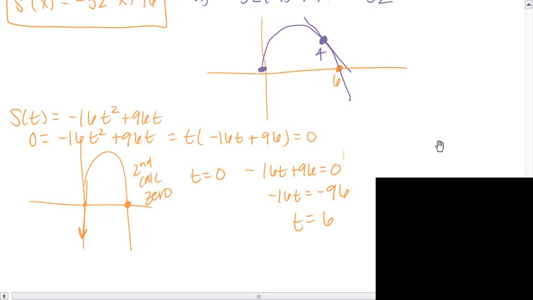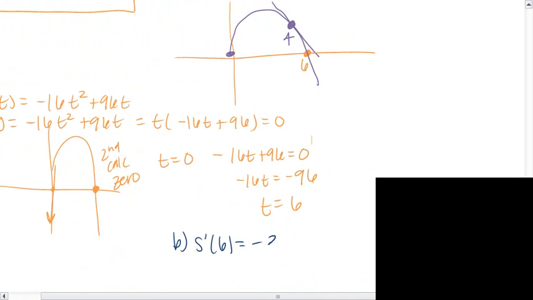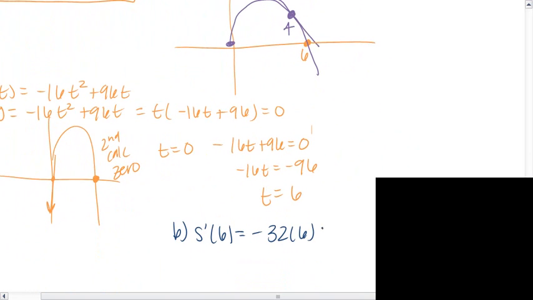So we had to figure out where it hit the ground before we could answer part B. Now we can answer part B, which asked us essentially to plug in 6 into our velocity equation, which is our derivative. So negative 32 times 6 plus 96.